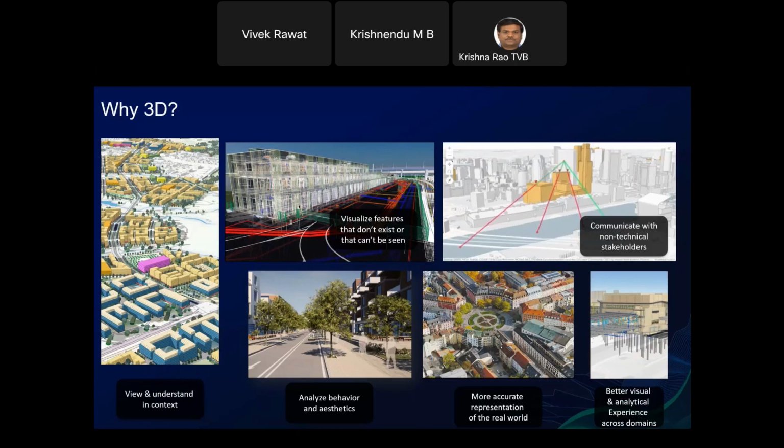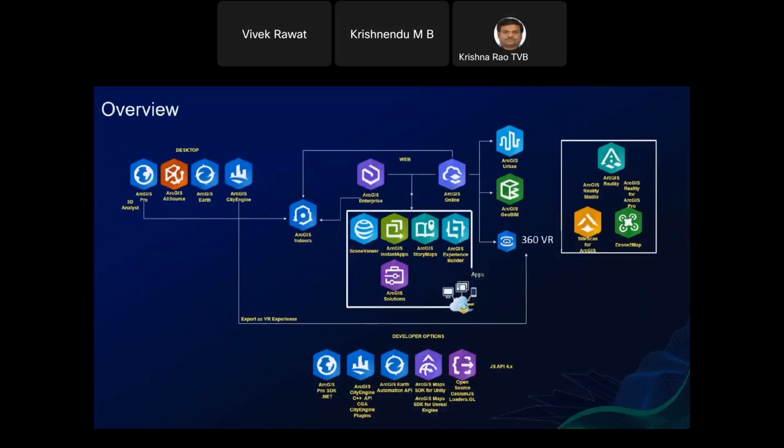It can be in the engineering domain, it can be in the GIS where we deal with imagery or elevation, or anywhere we can apply this. It can be the HLS use cases, it can be urban use cases. So everywhere 3D stands out, and it helps us in communication, visualization, aesthetics, and real-world accurate representation.